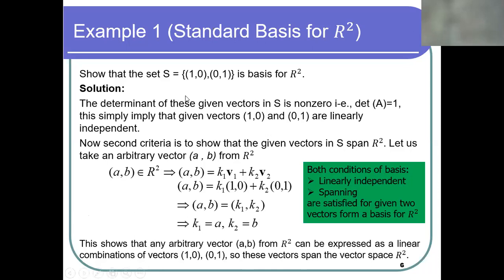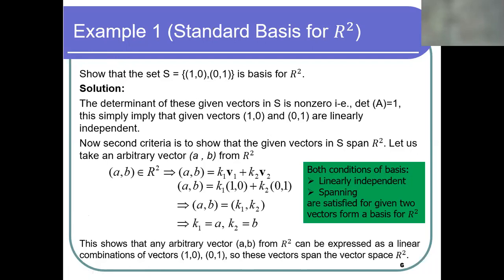Let us show that the set {(1,0),(0,1)} is a basis for R². Dear student, for a basis, you must always keep one thing in mind: you have to check two things. One is that the vectors given in this subspace of a vector space must be linearly independent.